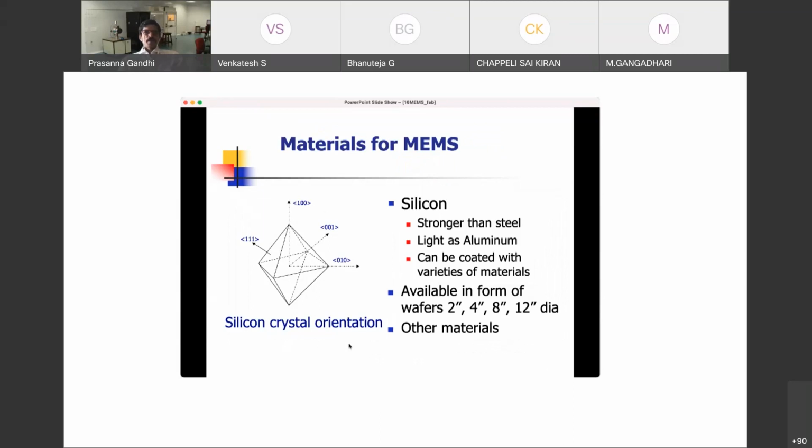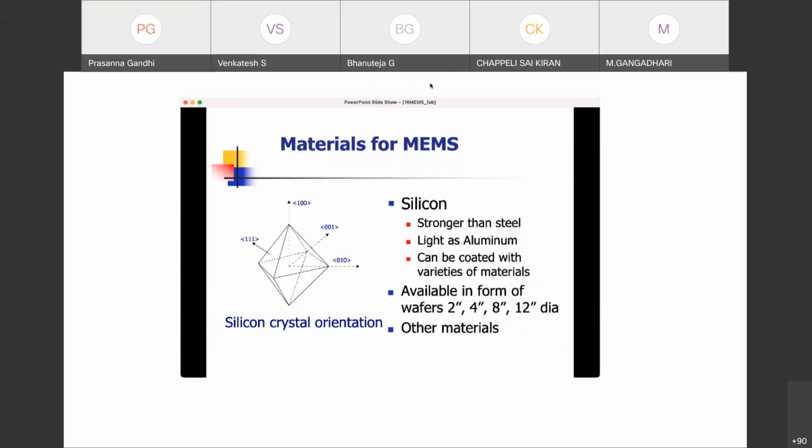And from a mechanical perspective, it is stronger than steel. Okay, and it is as light as aluminum. Okay, and it can be coated with a variety of different kinds of materials. Okay, so this is typically available in the form of wafers, 2-inch, 4-inch, 8-inch diameter wafers.